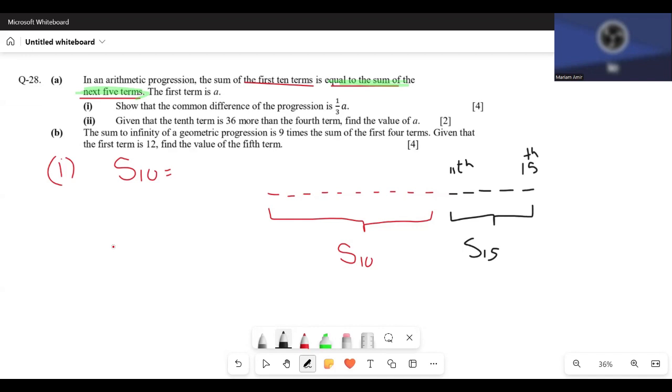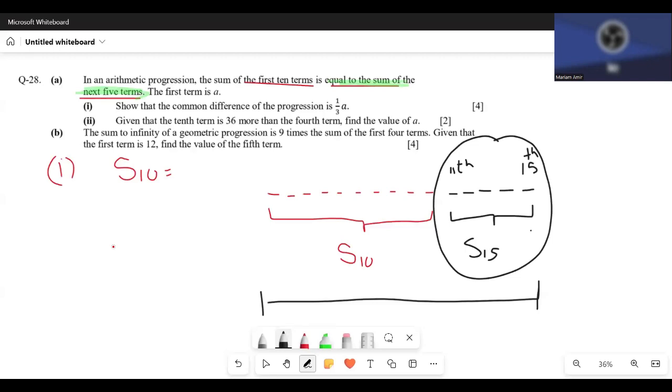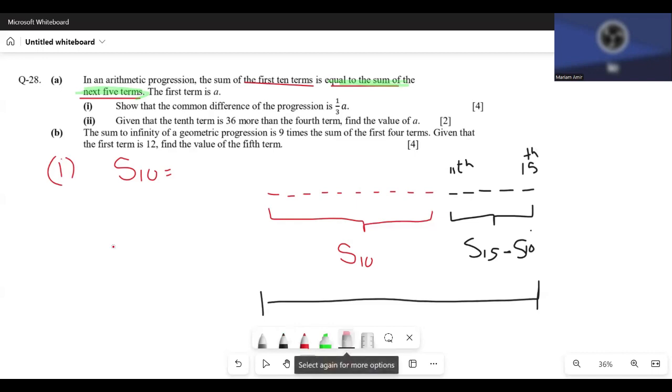So can I instead call it S15? S15 would be this entire thing, U1 to U15. So I'm going to call this S15 minus S10, because if you subtract the sum of the first 10 terms from the sum of the 15 terms, you're left with the sum of the 11th, 12th, 13th, 14th and 15th terms.